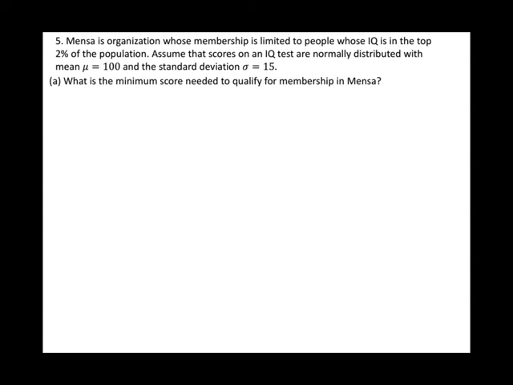So we have the normal distribution again, and we know this is a non-standard one. First, they're looking for the minimum score. Think about what they're looking for. Are they looking for the z-score? Are they looking for the value of x? Or are they looking for the probability, the area?